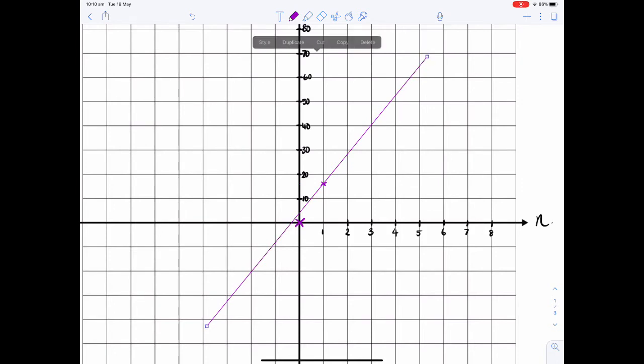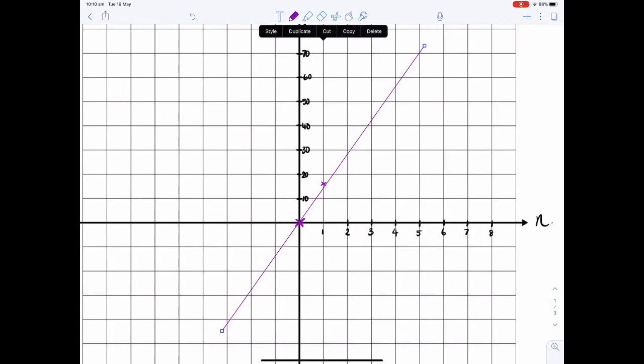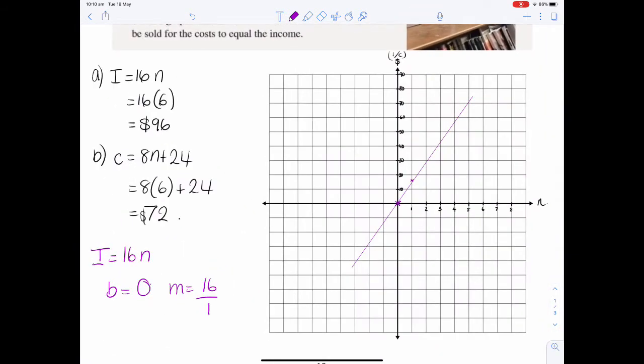I'll just fix it up so it crosses. Okay, that'll do for now. We can fix it up later. So that one is income equals 16n.